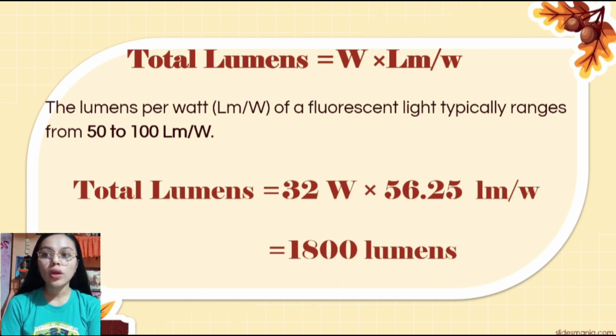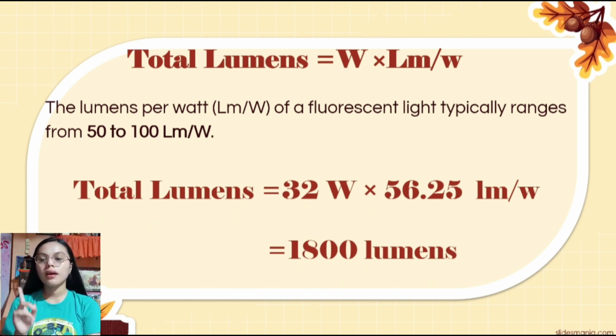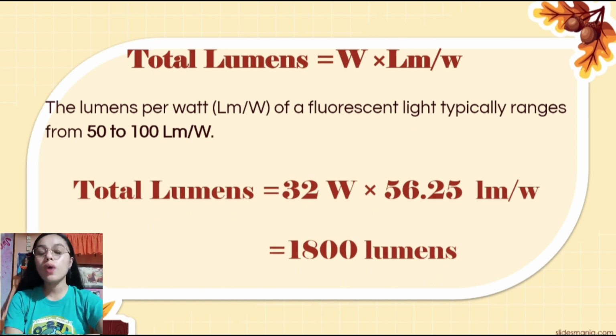So, from 50 to 100 LM per W, nakita nato nga 56.25 lumens per watts ang isa ka fluorescent light. So, kung ato na siyang balikon og compute nga ang given na nato nga luminous efficacy is 56.25, so atong i-times.